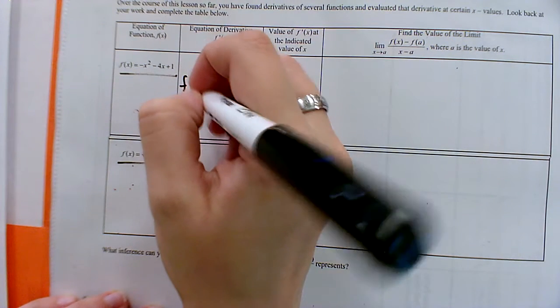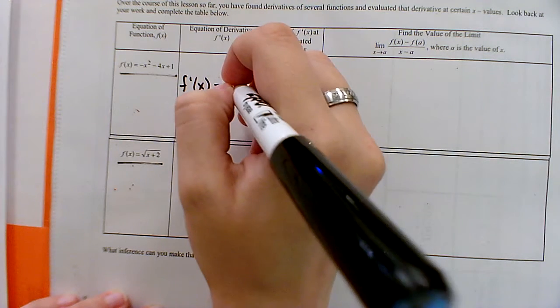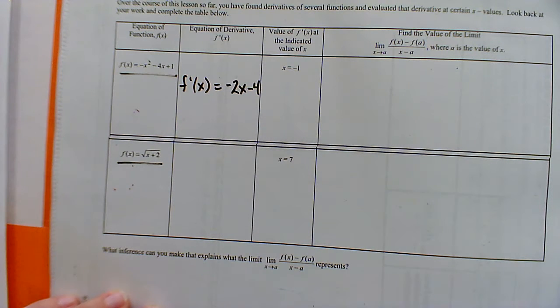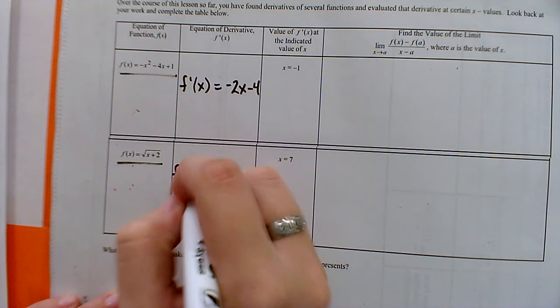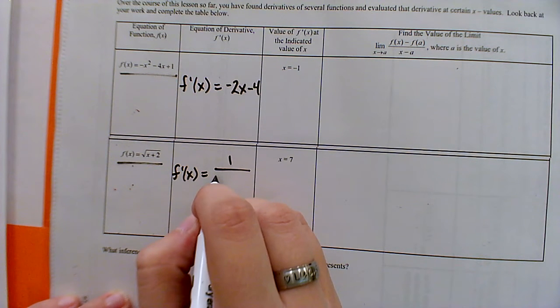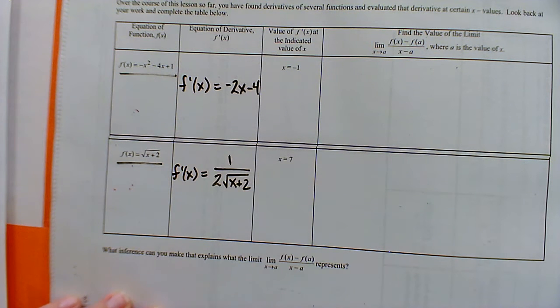When we found the derivative of this quadratic using our limit definition, we had negative 2x minus 4. That's previously found in your notes. We're just referencing it now. And when we found the derivative for this square root, I think we did that one yesterday, we had 1 over 2 square root of x plus 2.